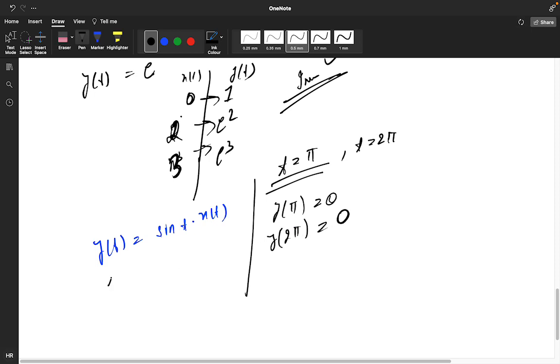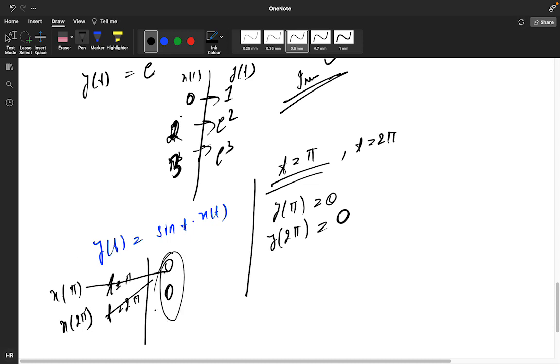So if t is pi, you are getting 0. If t is 2 pi also, you are getting 0. Means your input is x of pi, your input is x of 2 pi. Because of this, we are getting many to one mapping, means many inputs, single output. So this is non-invertible.